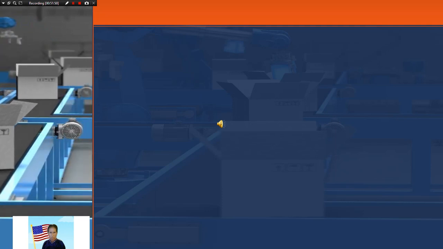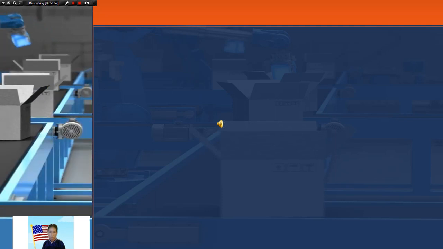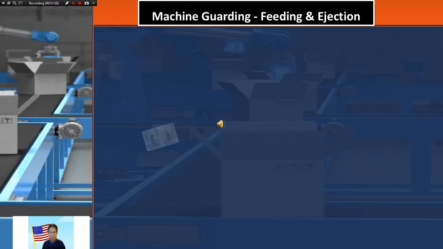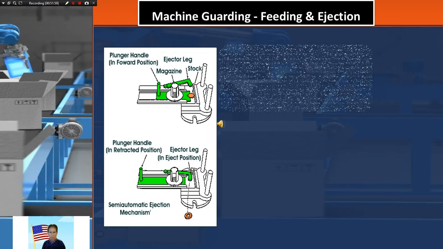Semi-automatic feeding/ejection. Manually feed without reaching into the point of operation or other danger zones.